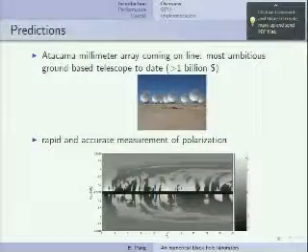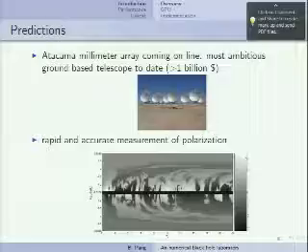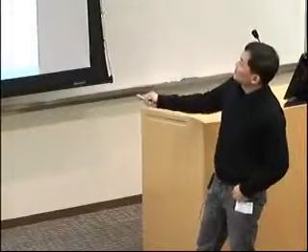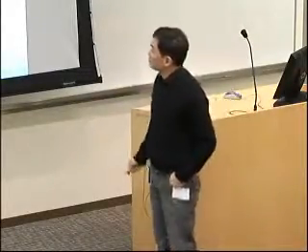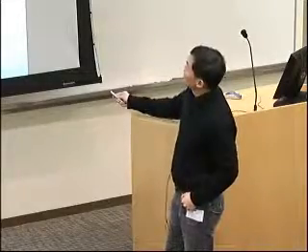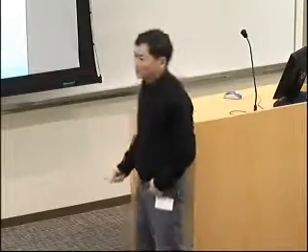So now you can ask, how about testing this? I've been persuading colleagues to use the most recent telescope, the Atacama millimeter array, to actually go and measure this polarization. This is a new array that costs, I think the actual cost by now is close to $2 billion.